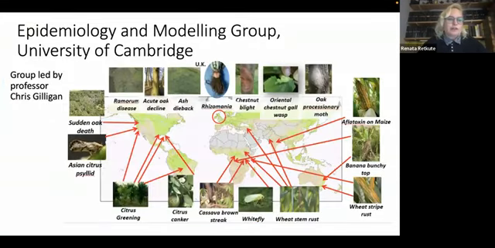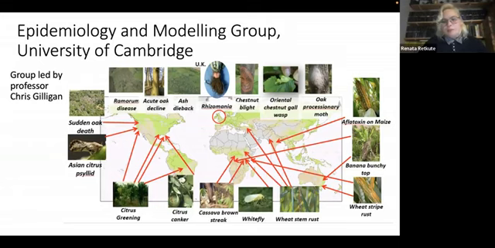I'm working in the epidemiology and modeling group led by Professor Chris Gilligan, and the group has quite a lot of expertise in different pests and diseases of plants, also in different geographical areas. I think David Godding talked about cassava modeling some months ago. When I'm not working on locusts, I'm working on banana bunchy top virus modeling.